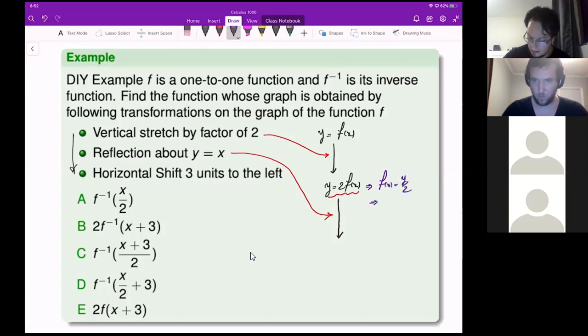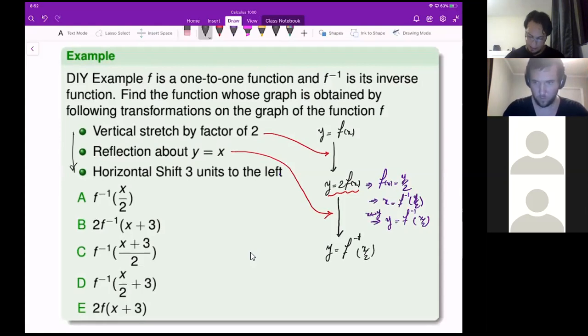From there, x is equal to f inverse of y over 2. Then interchange x and y. Then you have y equals f inverse of x over 2. So after this operation, we will get y equals f inverse of x over 2.